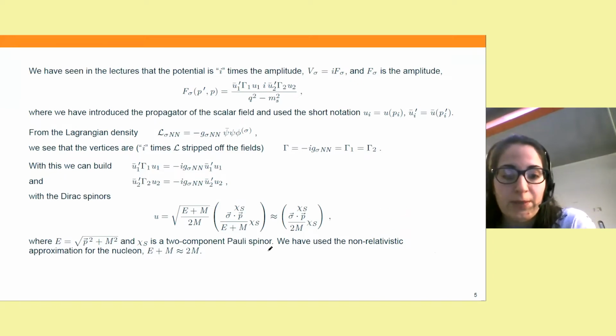And in the approximation that we work in, the non-relativistic approximation, as we said, the energy is very well approximated as the mass because we neglect the three-momenta. So this factor here goes to 1, and here E plus M can be approximated to 2 times the mass. So the Dirac spinor simplifies to this here.